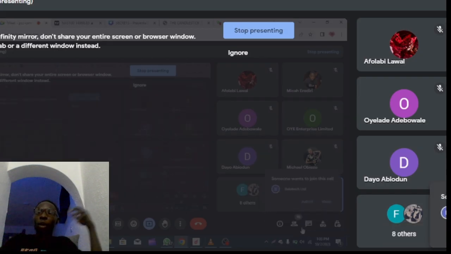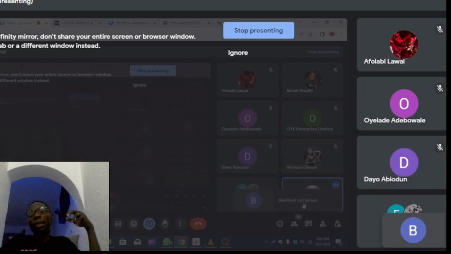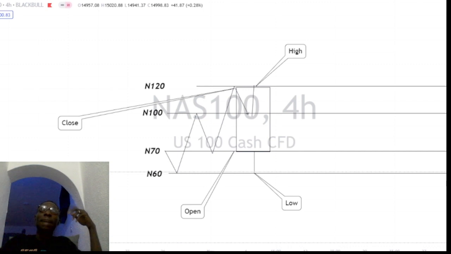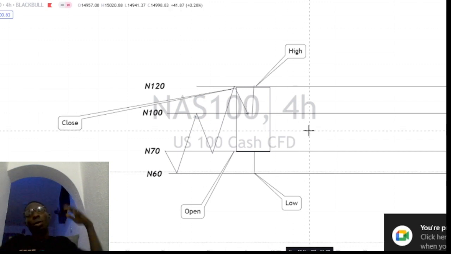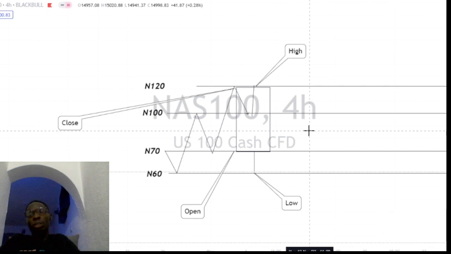We always have them in different time frames: the monthly, the yearly. The higher the time frame, the better we know those that are present in the market.